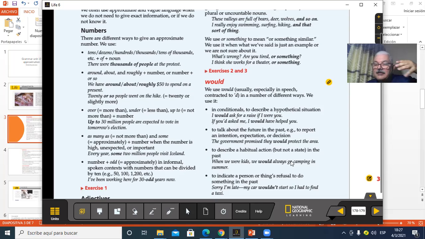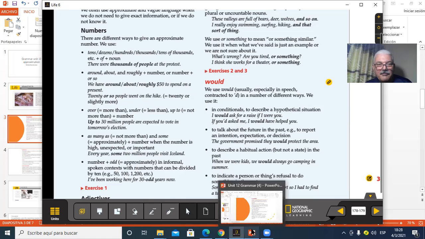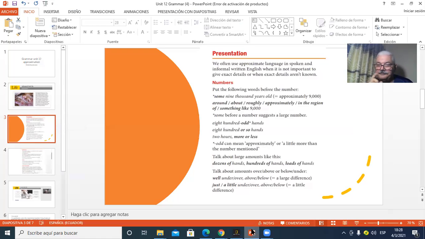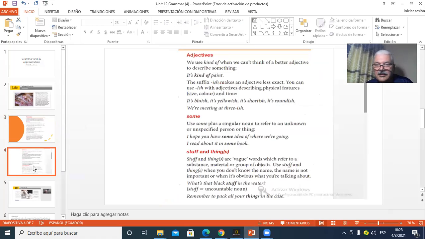So I have been, I don't know, working or visiting or studying something here for 30 odd years now. And that odd means that it could be 29, it could be 31. It's around that precise amount, okay?